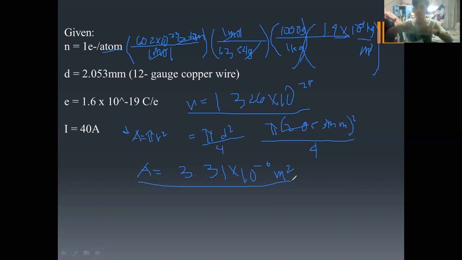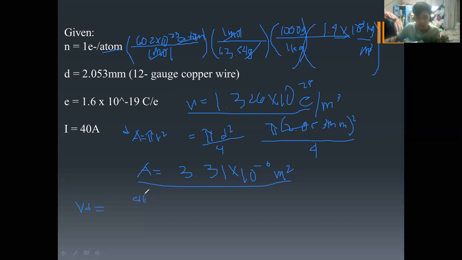Meron na tayong area. Meron na din tayong N, nakuha na din natin, in electrons per cubic meter. So, substitute na natin dun sa given formula: electron drift velocity is equal to the current.